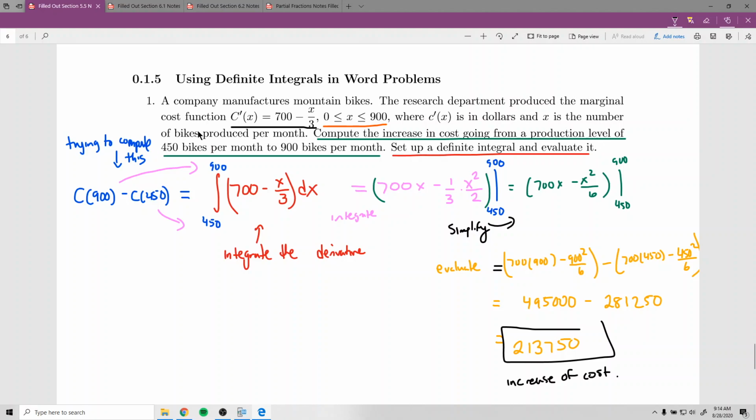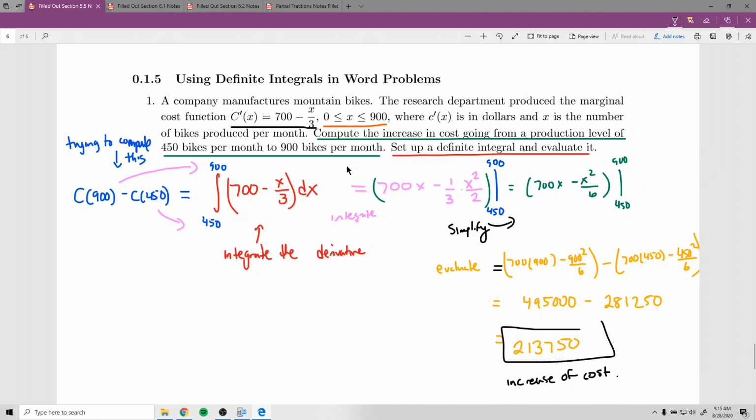Now, of course, we could do it from any two numbers here, but as I've been mentioning in this chapter, when we do word problems, it is not an uncommon practice to figure out the derivative in the background and compute stuff from it by doing integrals.